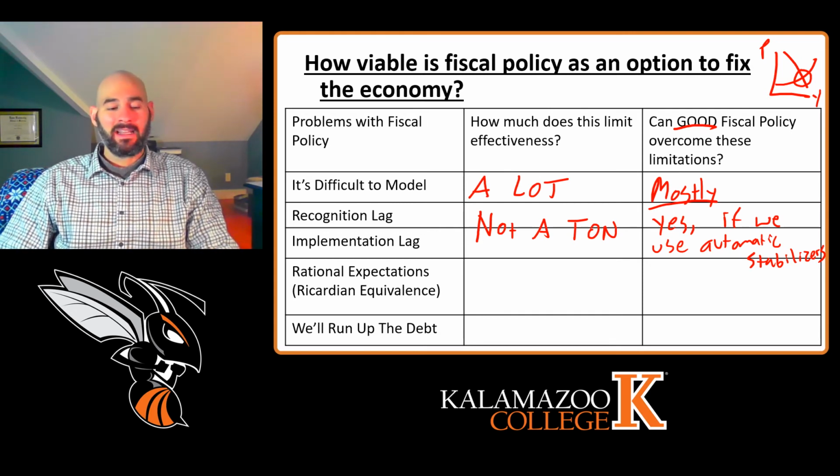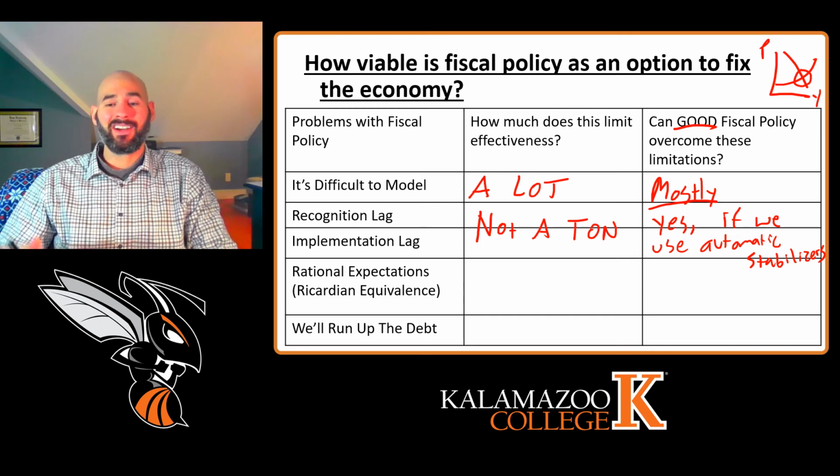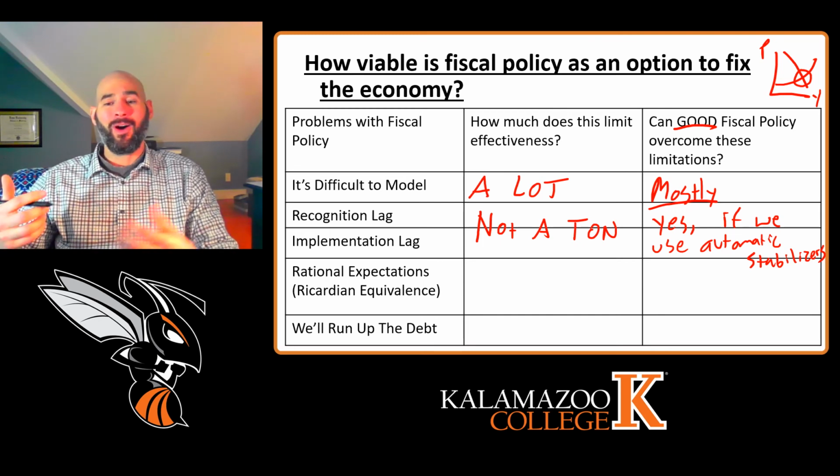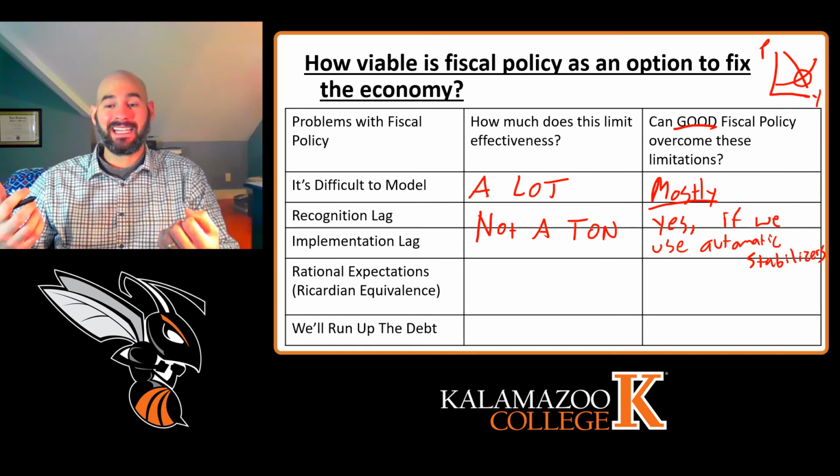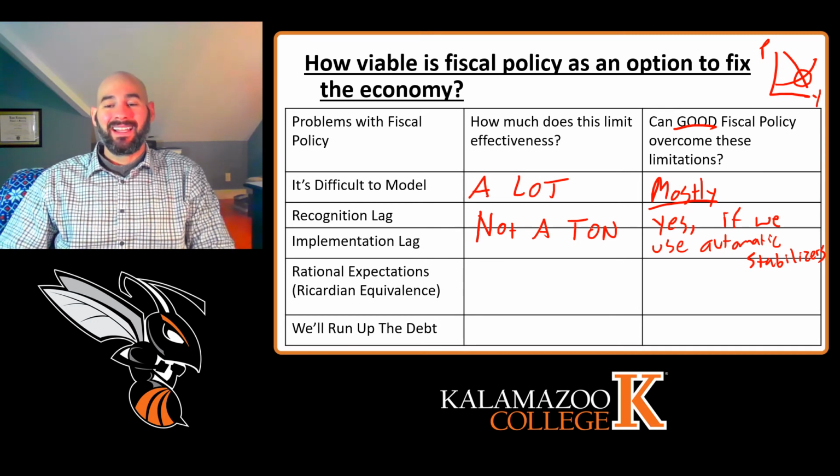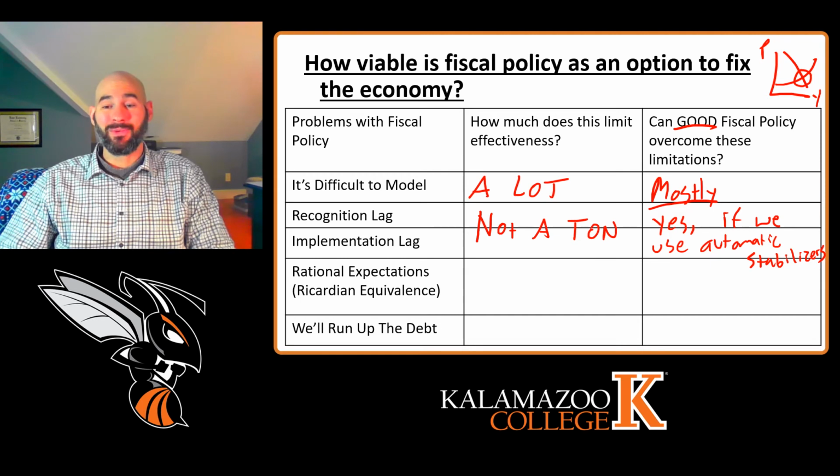We know that in the long run, governments have to run federally balanced budgets, and that if we increase government spending now, then we're just going to have to increase taxes later. So people aren't actually going to go out there and spend their money, because they're going to save it for future increases in taxation to pay for this. So you could come up with fancy equations that could make that work, and people certainly have. But empirically, individuals don't behave that way. And we know that from years and years of data.